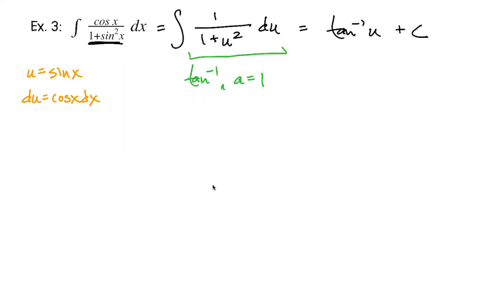Then we have a few different ways that we could finish this off, but the most straightforward way is simply to take this u and replace it back with sine x. So a very traditional u sub. That gives us arctan of sine x plus c.